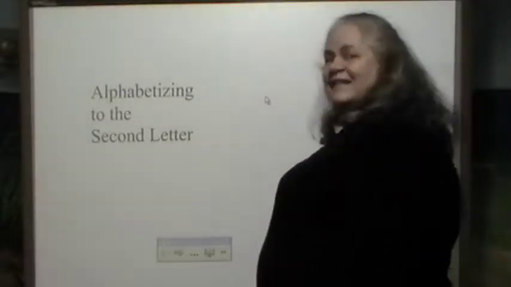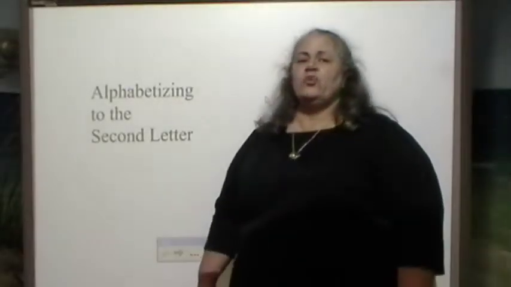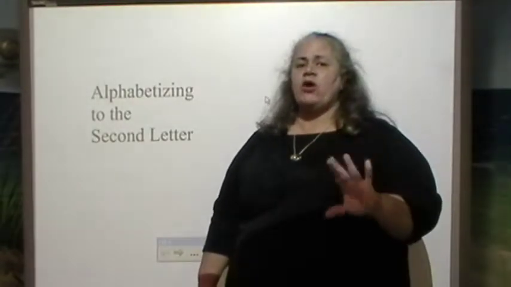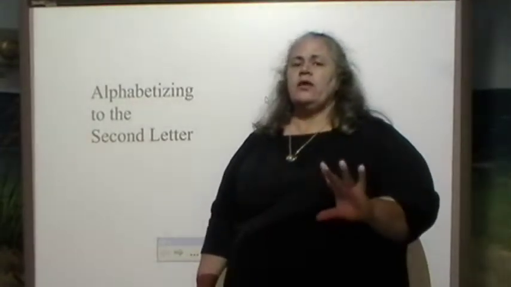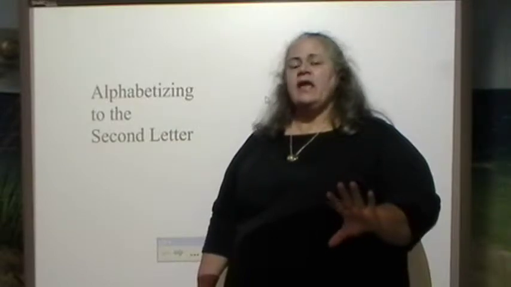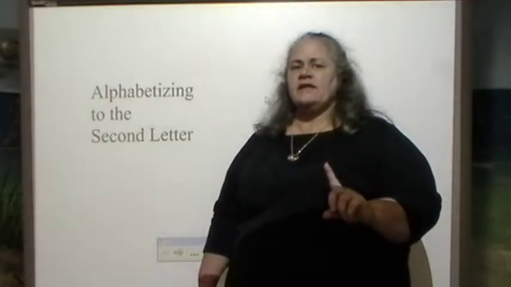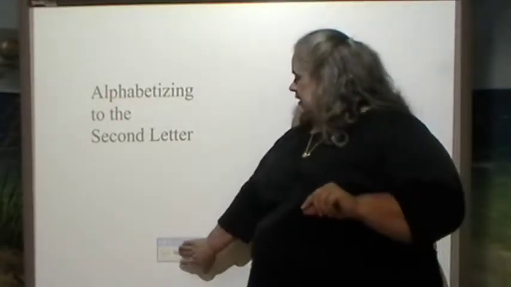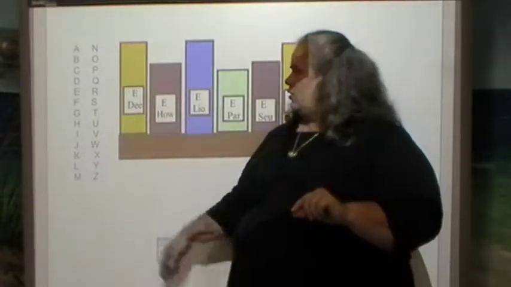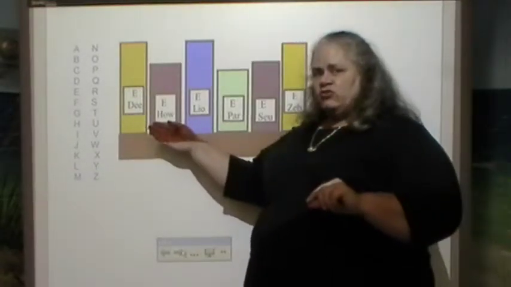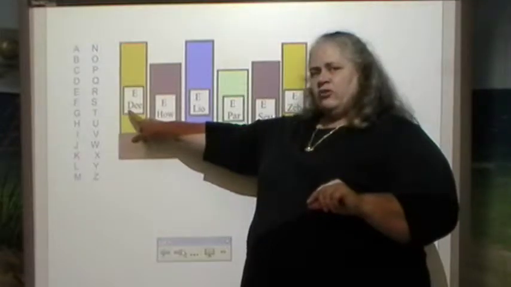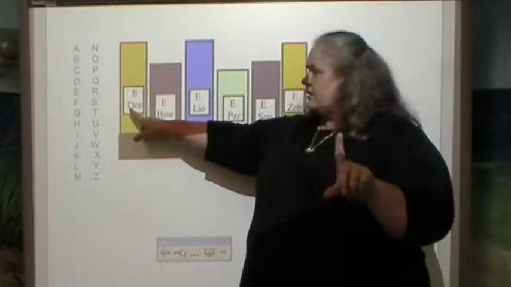Hello, boys and girls. In our first lesson, we looked at how we have our call numbers in order by the author's last name, and we were looking at alphabetizing according to the first letter of the author's last name. So if we had books on a shelf, we would make sure they're in alphabetical order first by the first letter.